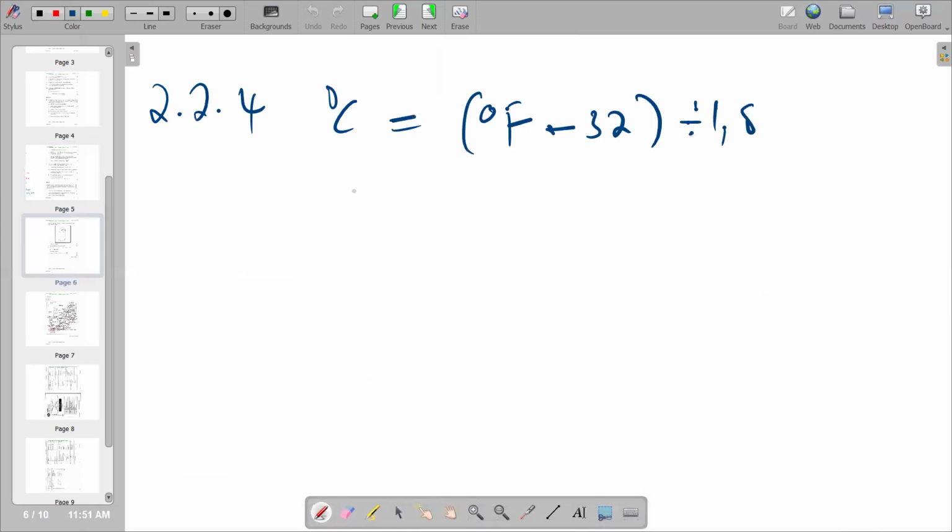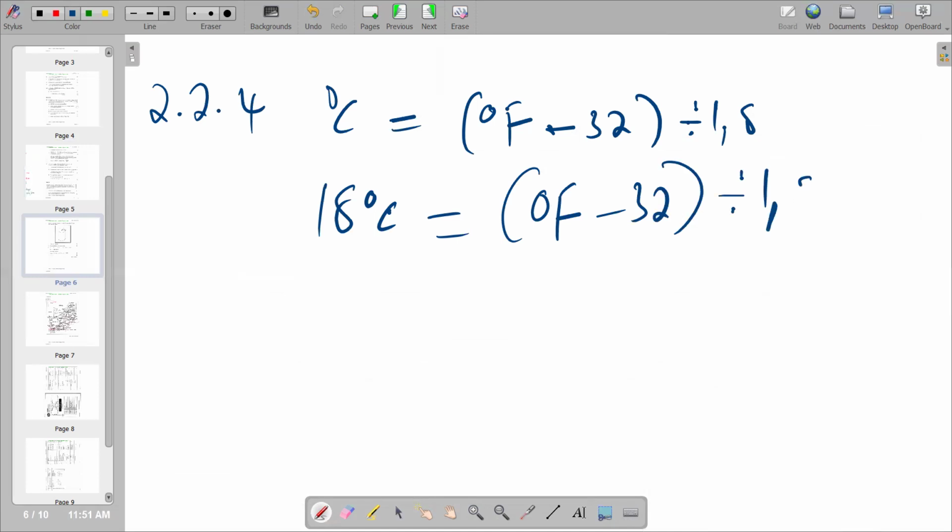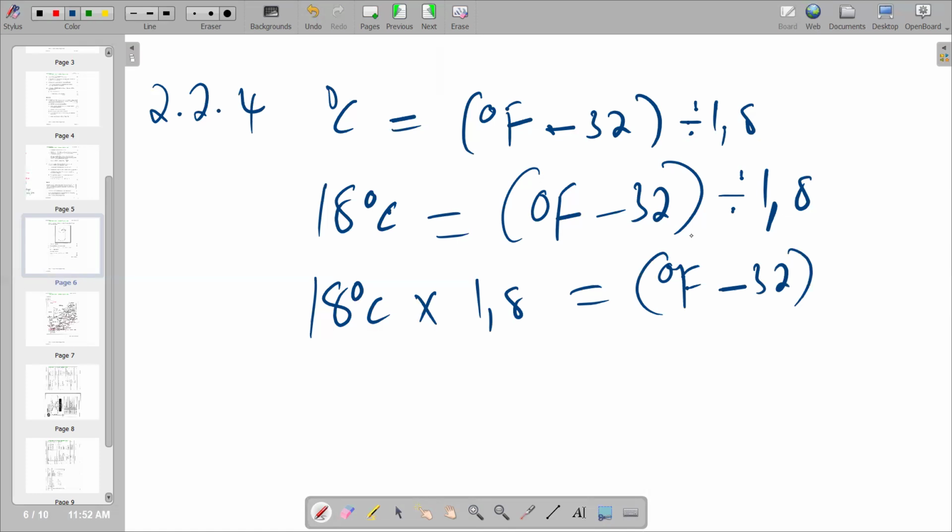So it becomes 18 degrees Celsius equal to Fahrenheit minus 32 divided by 1.8. Of course, to remove this divide, we multiply by 1.8 on both sides. We take this divided by 1.8 to the other side, it becomes times 1.8. So it becomes 18 degrees Celsius times 1.8 equal to Fahrenheit minus 32. So this is what we have on that part.